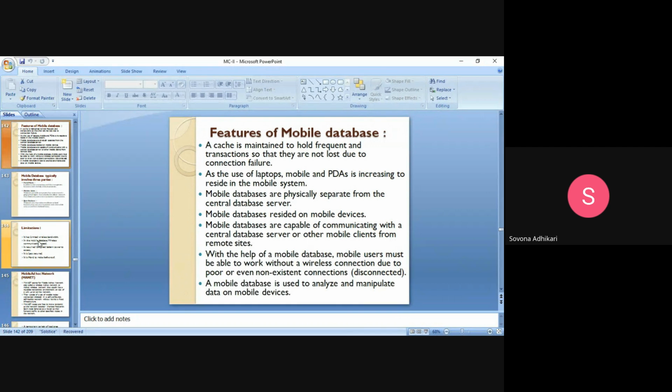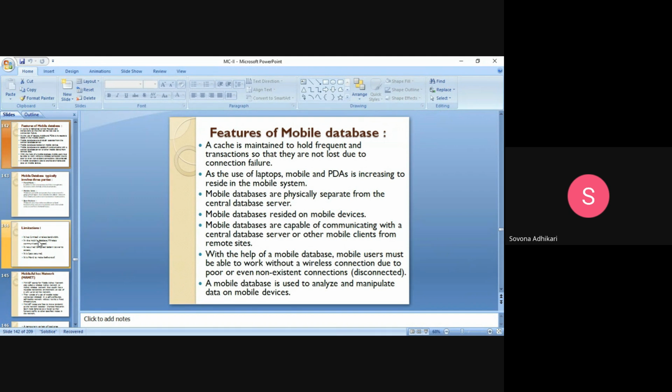The use of laptops, mobiles or PDAs is increasing in mobile systems. Mobile databases are physically separate from the central database server. Once the mobile database is updated, it is synchronized with the central database.